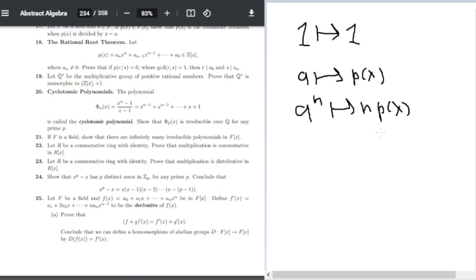Since the prime factorizations are all disjoint, what if we let a over 1, let's write it as this.